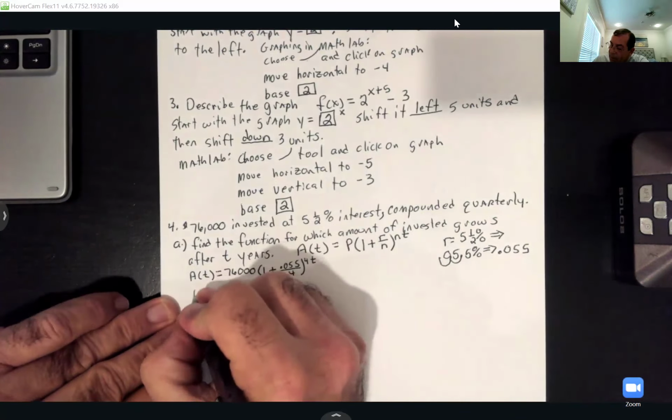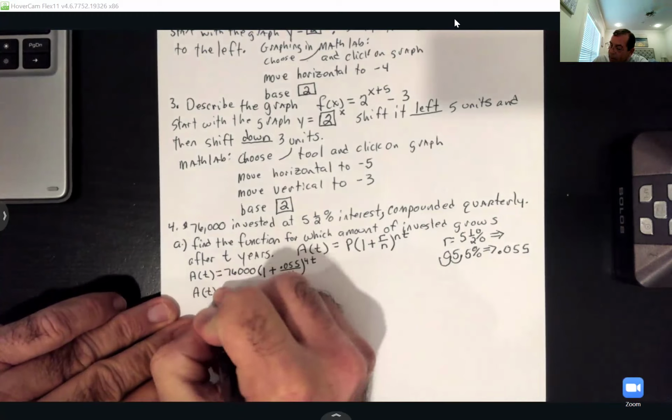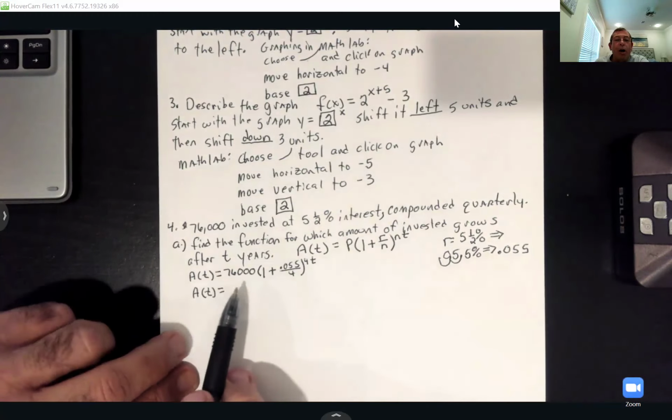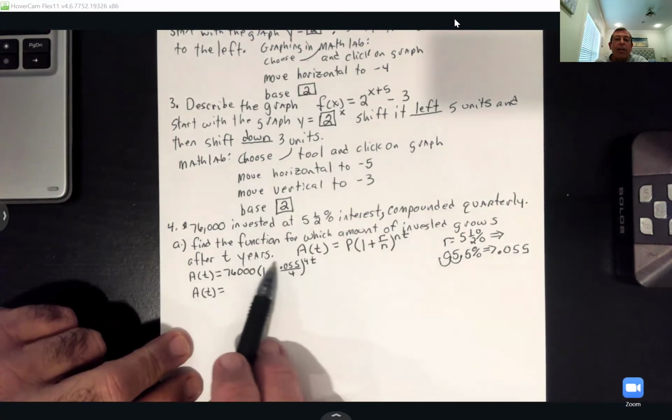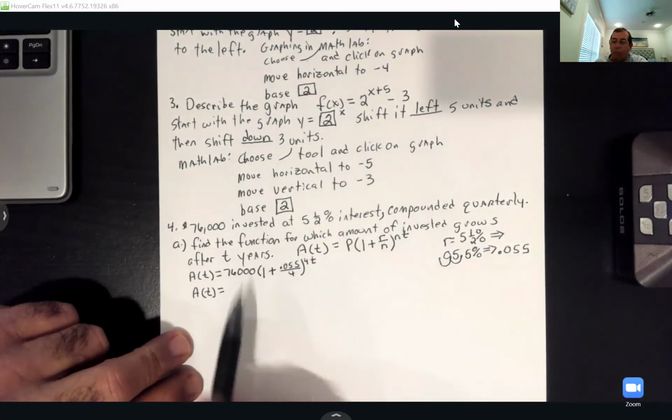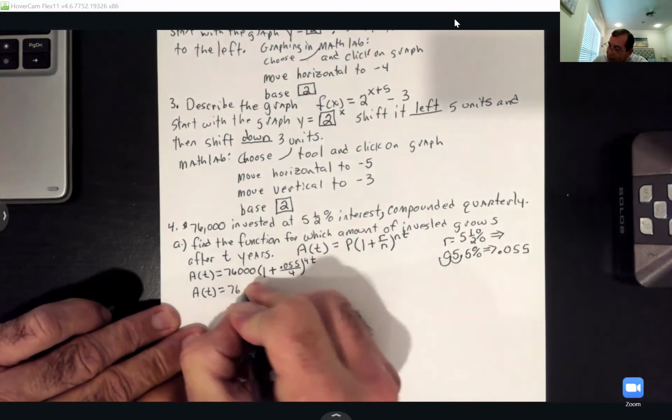Now, remember this problem, although this is correct, MathLab wants us to turn this into a decimal number. So bring down the 76,000.